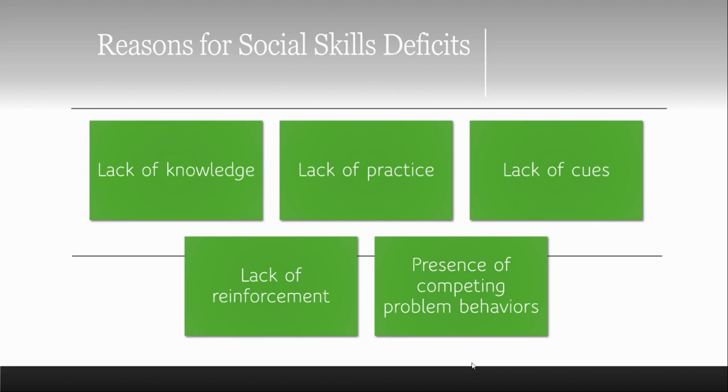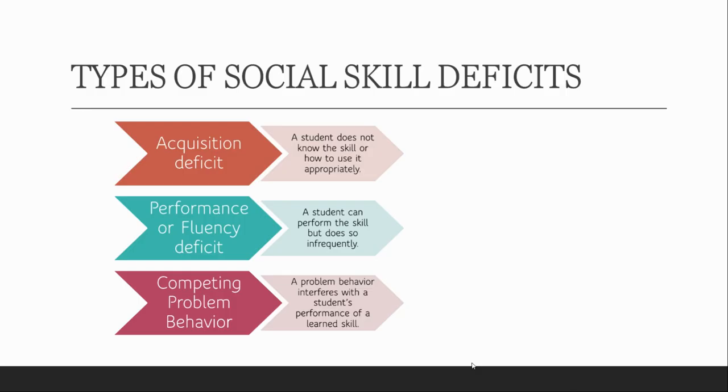There's a lack of reinforcement of that skill being taught. And then lastly, it could be because there is a presence of a competing problem behavior, which we'll discuss in a second. So there are several types of social skills deficits.